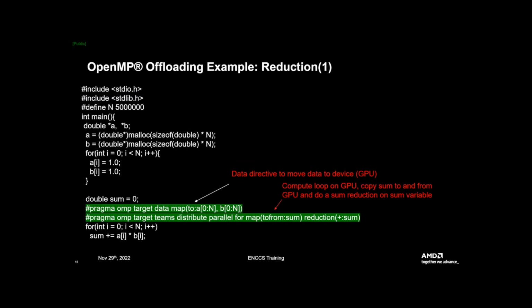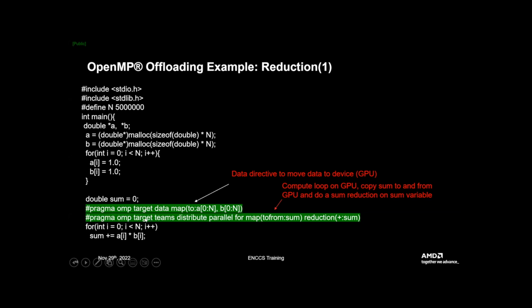Here is an example of code building. It is a reduction example, and you can see that it is a simple code. We have a main, and here we insert the pragma target data map to move data. What we are doing is that when the code starts executing and reaches this level, it moves data from the host to the device, which is the GPU.